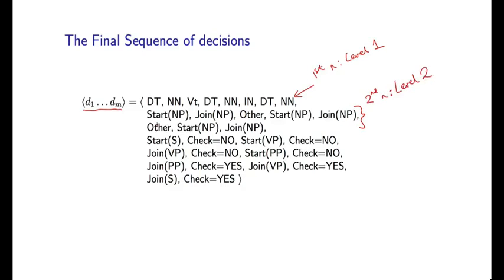They correspond to the chunking decisions in the particular parse tree. And the remaining decisions are level 3, these start and check operations that build the remaining structure. And notice again that we alternate. We always have start check or join check until the final structure, the complete parse tree, is built.